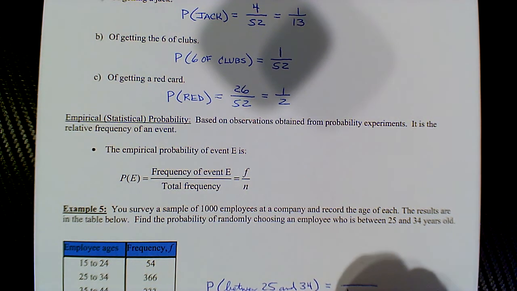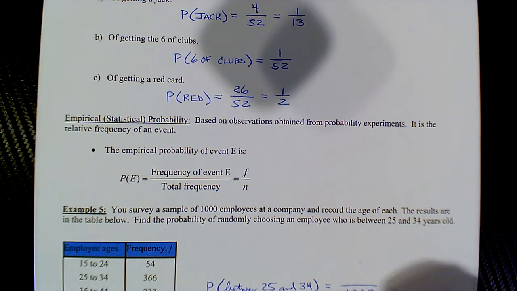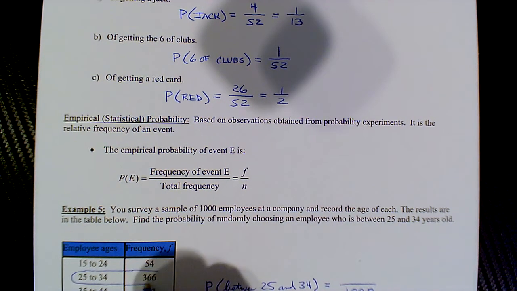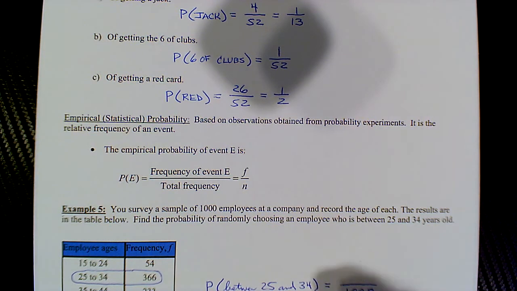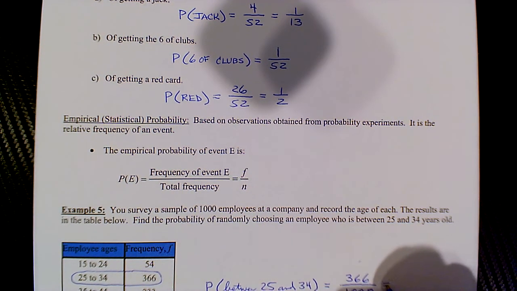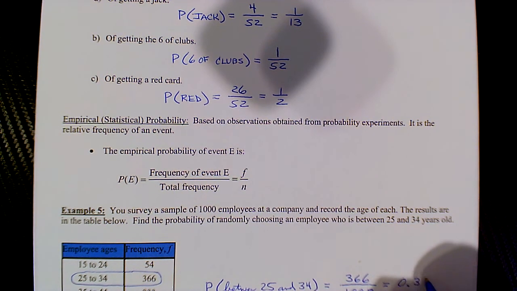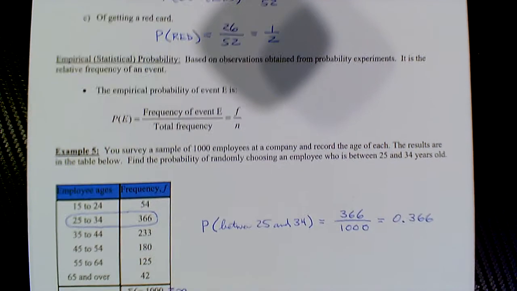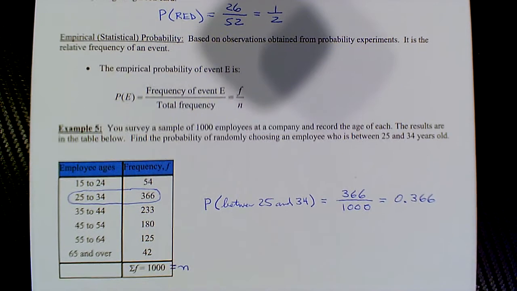But that's our total, so we got 1,000 in the denominator. And out of those, we're looking for the ones that are 25 to 34 years old. So just reading the chart, 25 to 34, looks like it's the 366. And that might ask for the answer as a decimal. So dividing it out, 0.366.